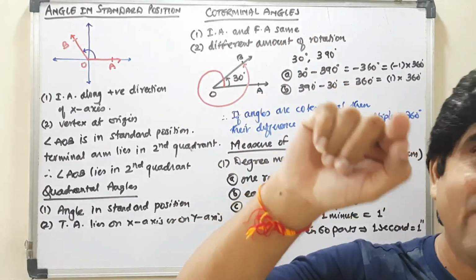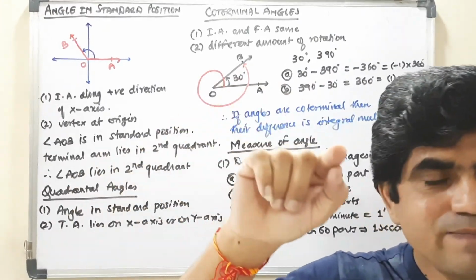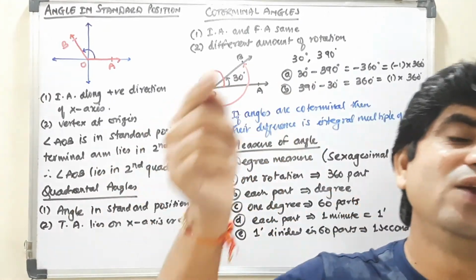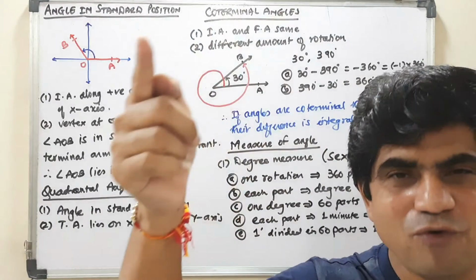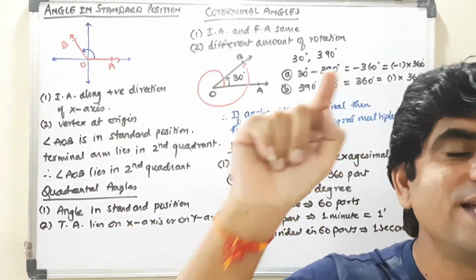Then 1 degree divided into 60 parts, each part called a minute, and then 1 minute divided into 60 more parts, called seconds.